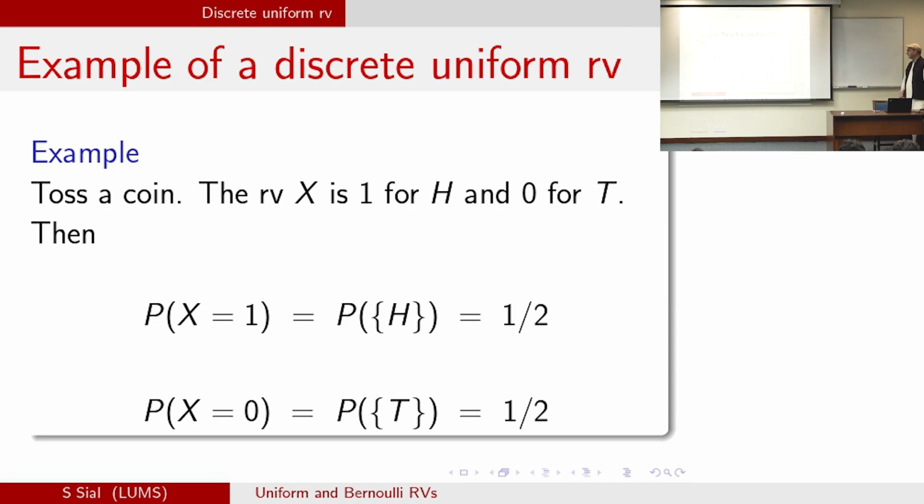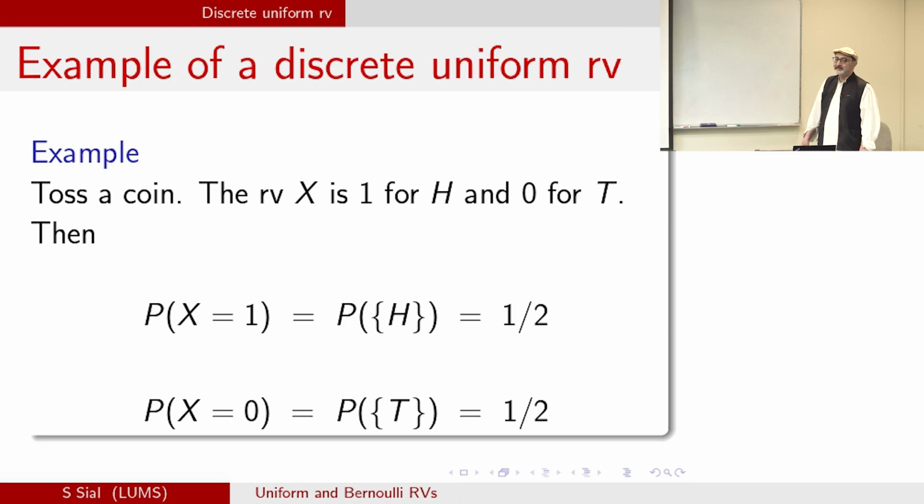So let's take an example. If we toss a coin, and the discrete random variable has 1 for an h and 0 for a t, and it takes no other values. It only takes the values 0 and 1. Well, what's the probability that x equals 1?